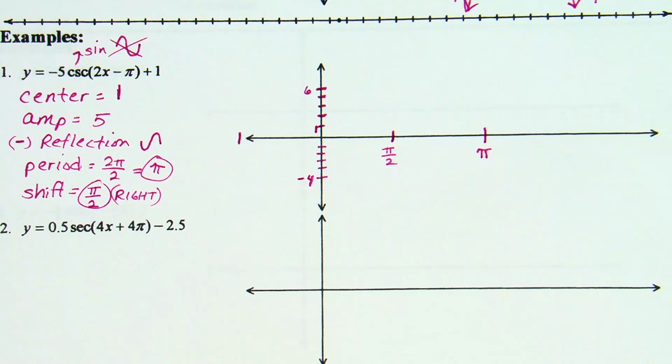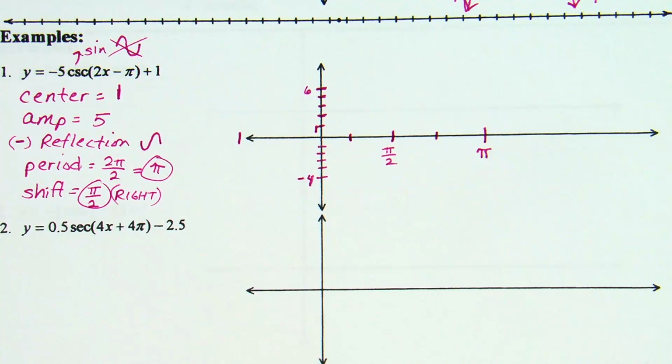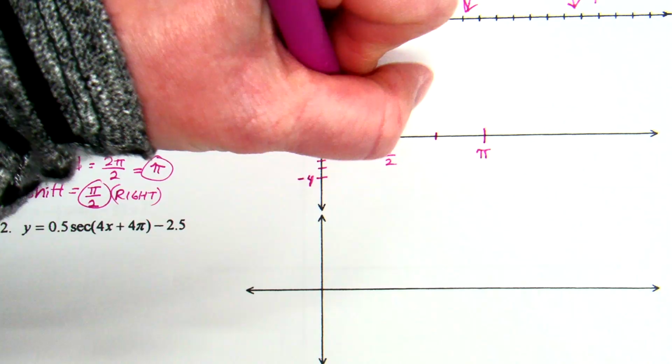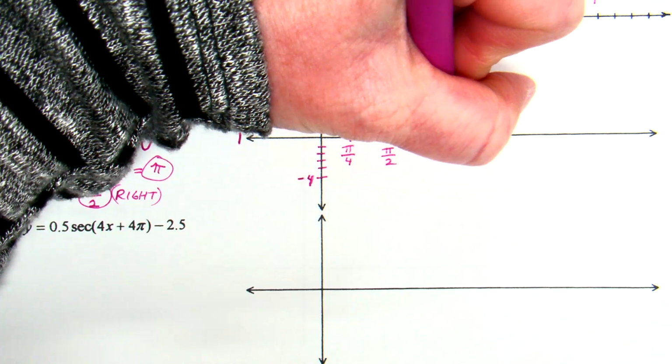You should at least have the tick marks, minimum expectation, the tick marks for those pieces. But what is in between 0 and pi over 2? Is this one you can do? In between 0 and a half is pi over 4. And then that means this one is 3 pi over 4.